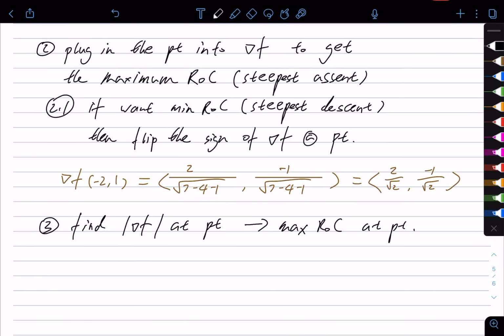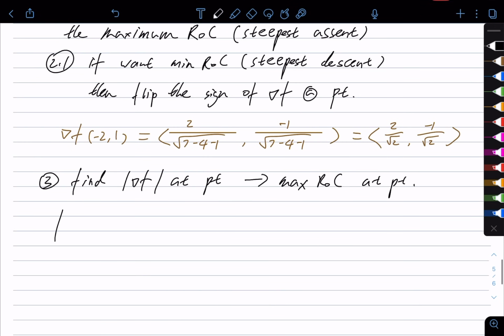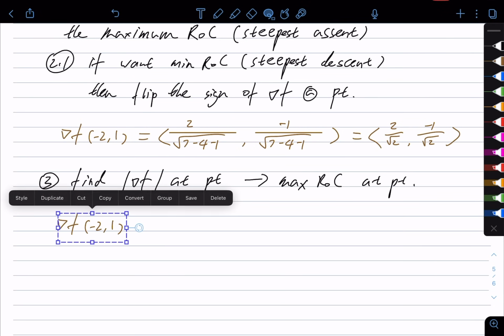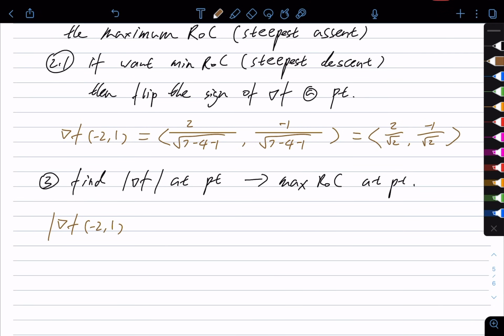At the point, we have the gradient (2, 1) with its magnitude. That's the square root of 2 squared, which is 4, plus negative 1 squared, over 2, under the square root of the whole thing.